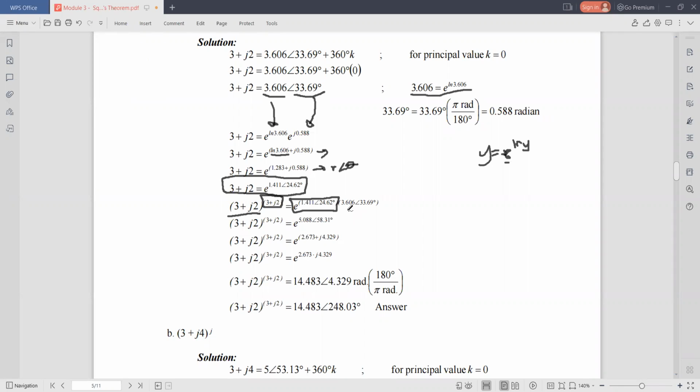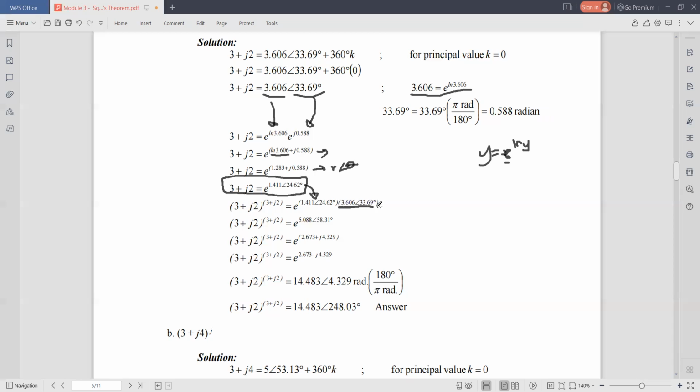Parang baliktad, no? Okay, polar form exponent pala. Baliktad tayo. So ito na pala yung base natin. This is your base now.